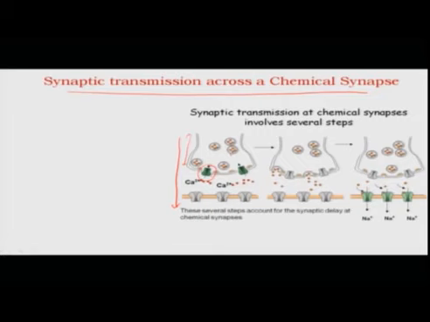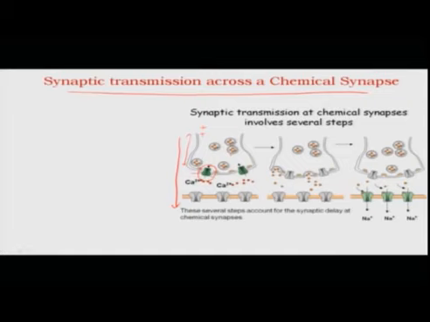So, when there is a nerve impulse coming in the presynaptic cell from the dendrite through the cell body through the axon, it reaches the end of the synapse, and here it changes the membrane potential to a more positive value, it depolarizes the cell. Now, this opens up these voltage gated calcium channels.